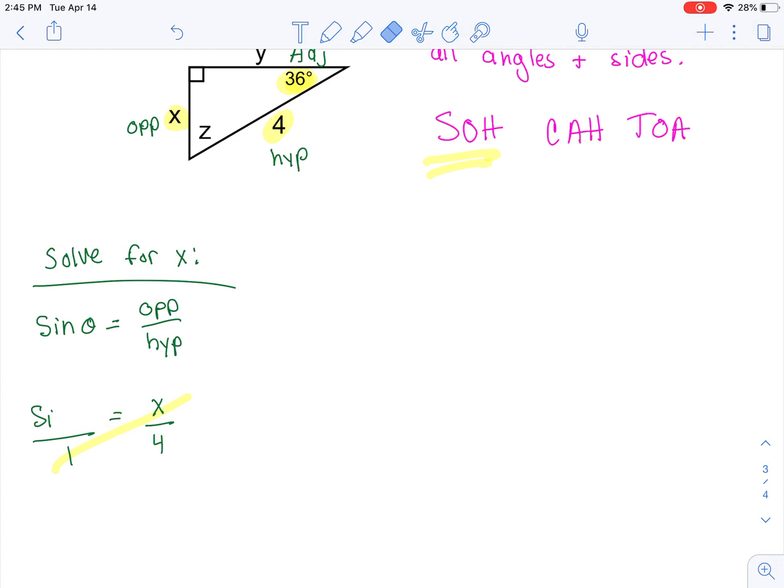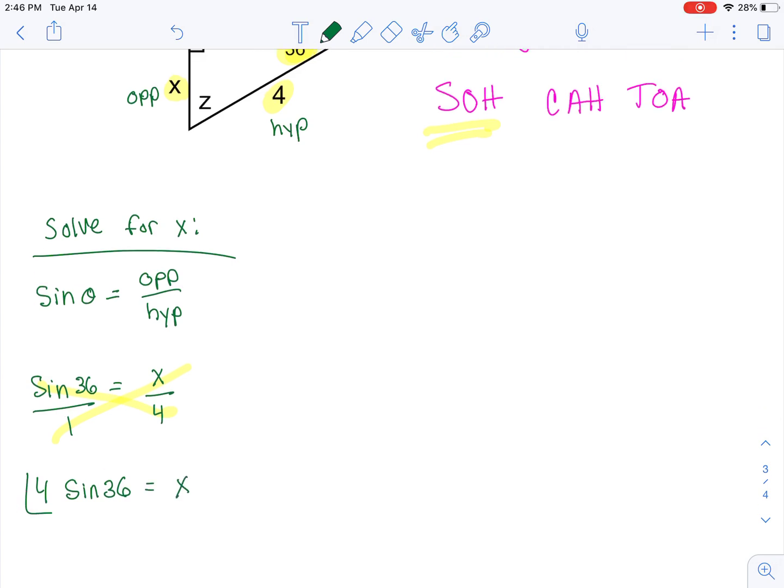This shouldn't be theta, it should be sine of 36 is equal to x over 4. Cross multiply: 4 sine 36 is equal to x.